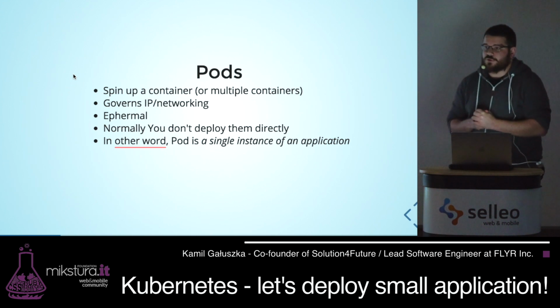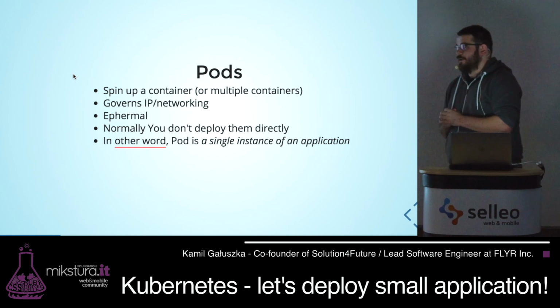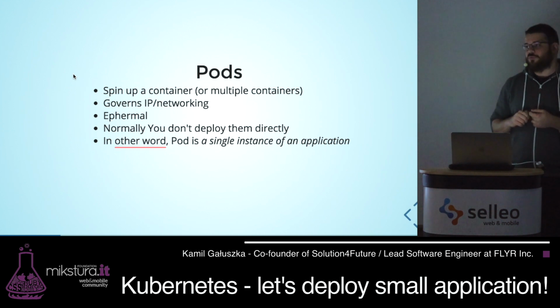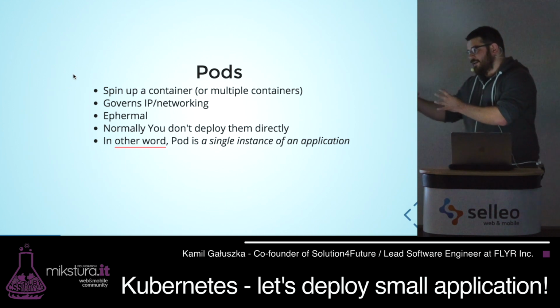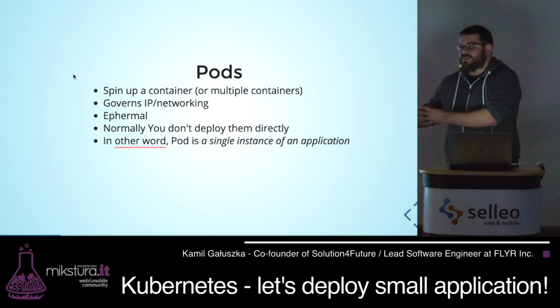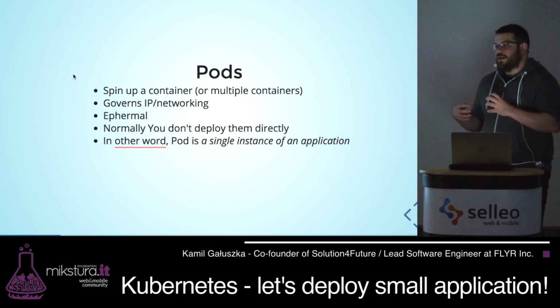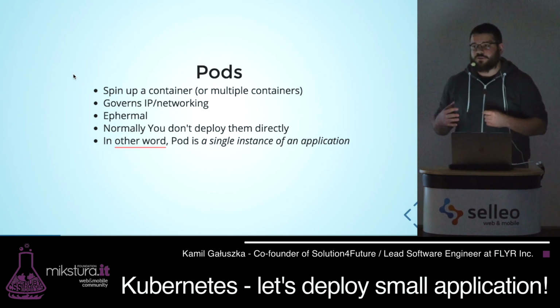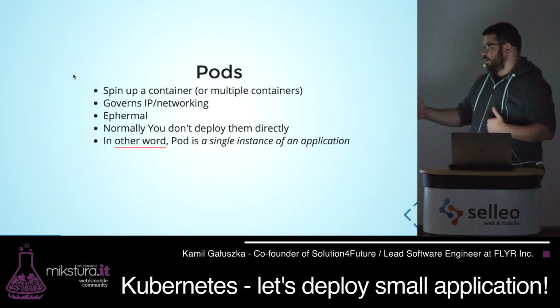A pod has some resources allocated to itself, like CPU. So you can say, for example, that you want to give that 1 pod 10% of the CPU that is available on the node. Or you can assign some memory. You can give soft limits and hard limits on how much memory can be consumed by that pod.